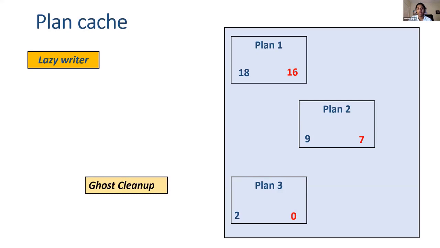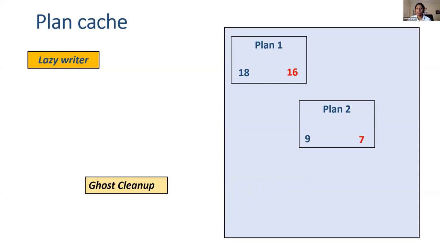It checks for any objects with a 0 countdown value, and flags them as ghosted. They still exist in the cache, but they are in a half-life. They will disappear, but they are still in the plan cache.